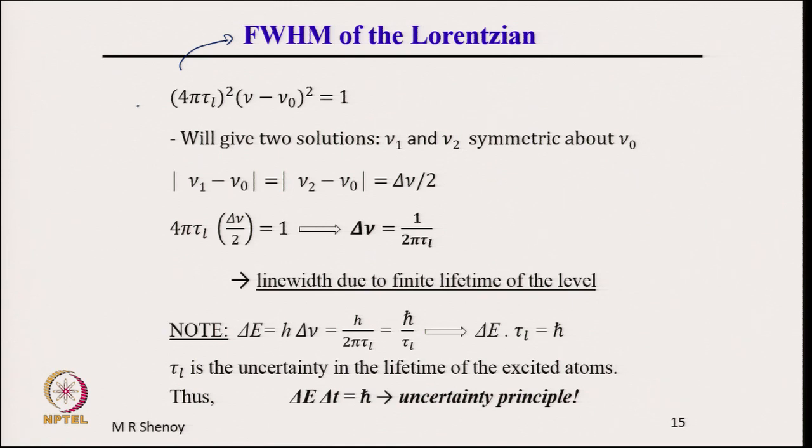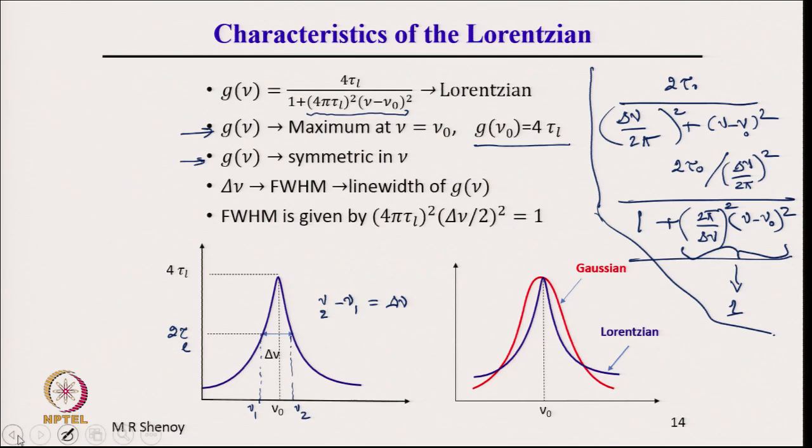So, the full width at half maximum is given by 4 pi tau L the whole square into nu minus nu 0 square equal to 1. This will give two solutions, nu 1 and nu 2. This is what I was drawing previously. This is the Lorentzian, and at half maximum, if you solve that, we will get two solutions, nu 1 and nu 2.